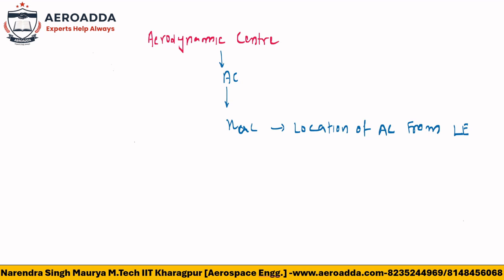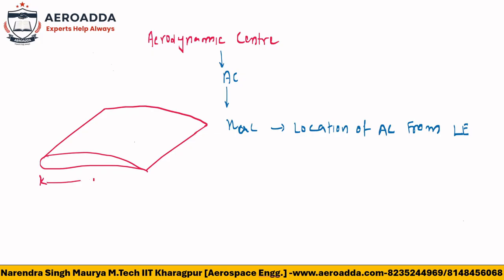from the leading edge. Now see the 3D view of the wing here. This is the 3D wing. Basically, this length is measured from the leading edge to the trailing edge. This is the leading edge and this is the trailing edge.